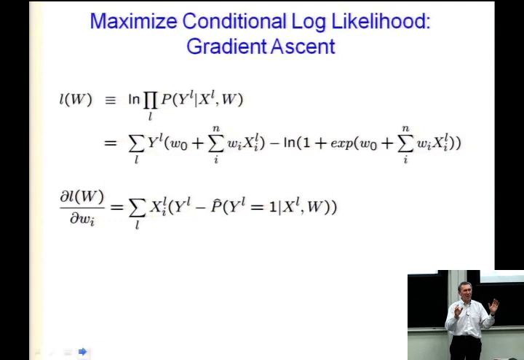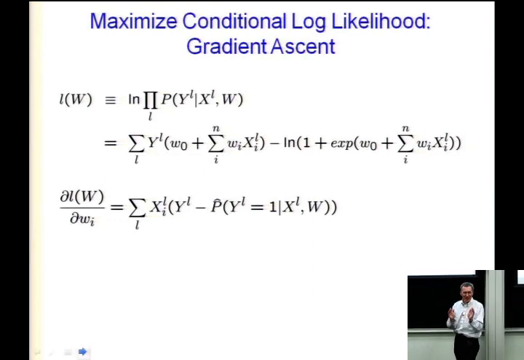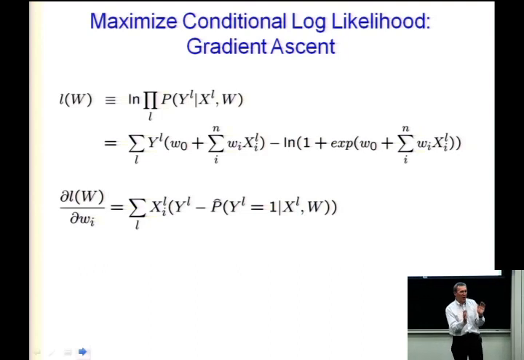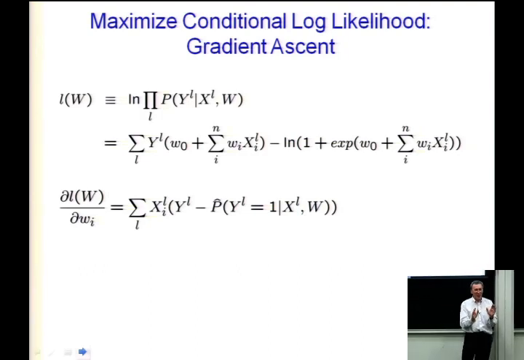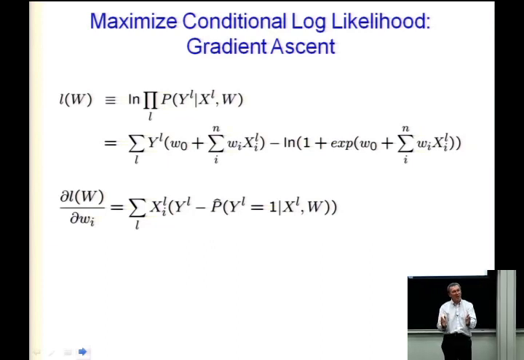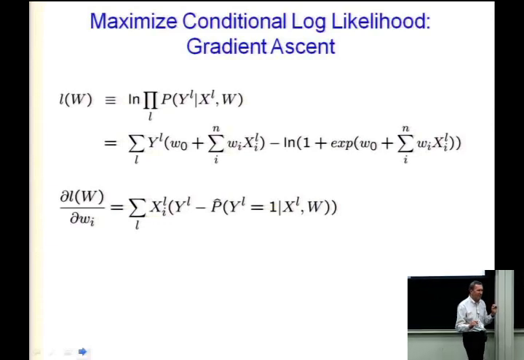It's learning P of x and y. But logistic regression is only learning the conditional distribution, P of y given x. And so it doesn't have the full information about the joint distribution. But what it says about P of y given x will be exactly correct in that infinite data, correct assumptions situation that I just mentioned.